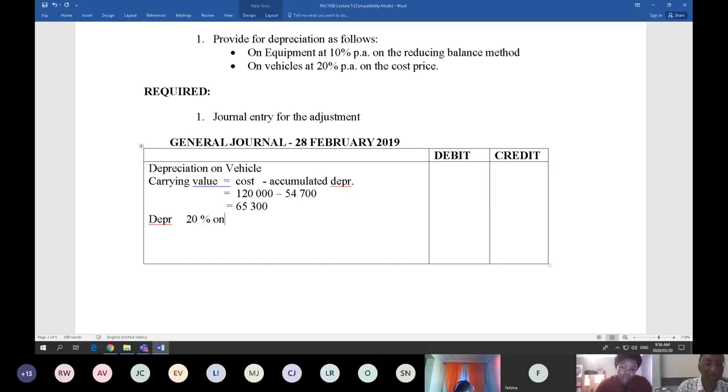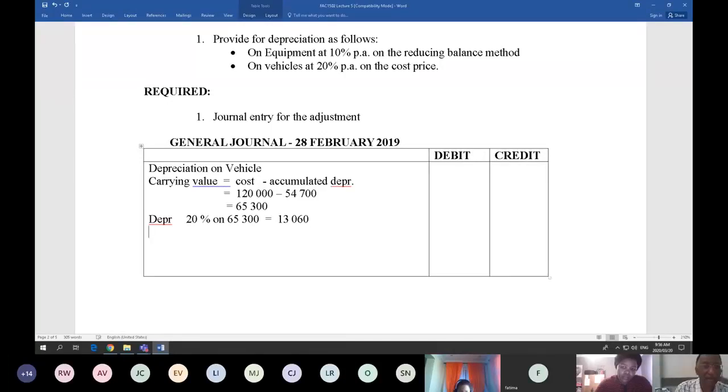So it is 20% on 65,300 Rand, and that will give you depreciation then of 13,060. That is your depreciation on vehicles, 13,060. Diminishing balance method. Okay.